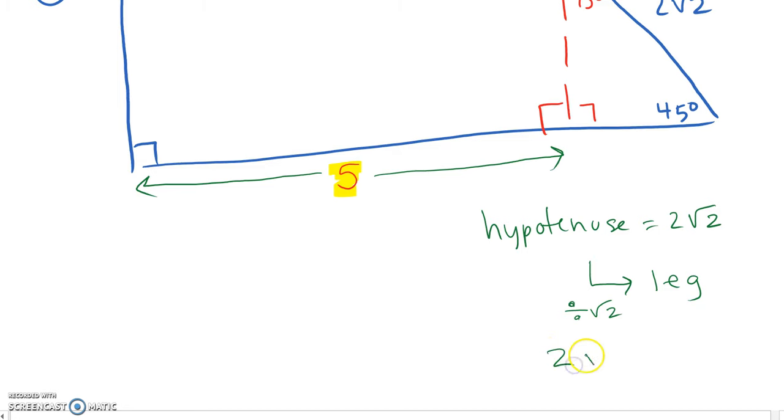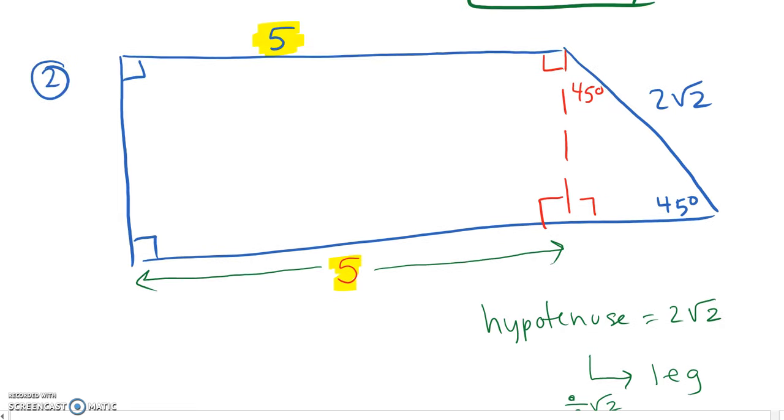So 2 root 2 divided by root 2 is just a regular 2. And in a 45, 45, 90, both of the legs are the same. So both of these sections, the one going up and down the height line and the little bottom of the triangle, must be 2.